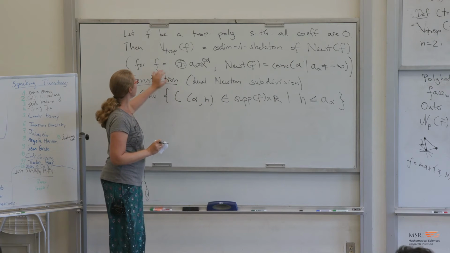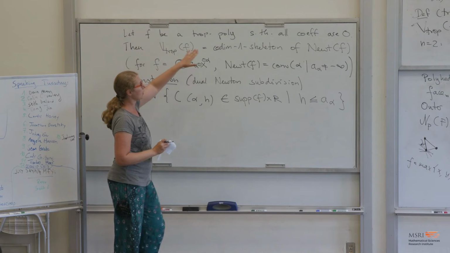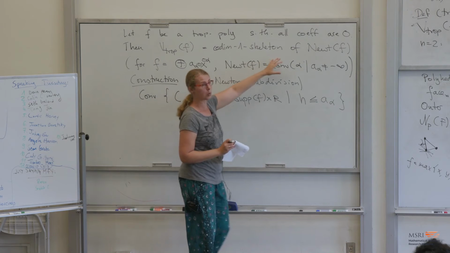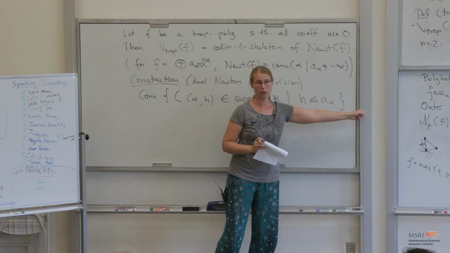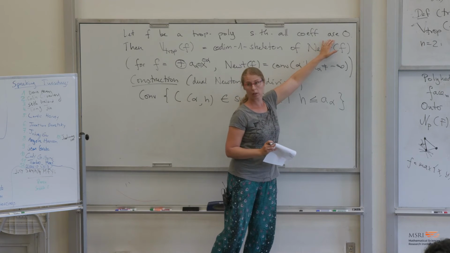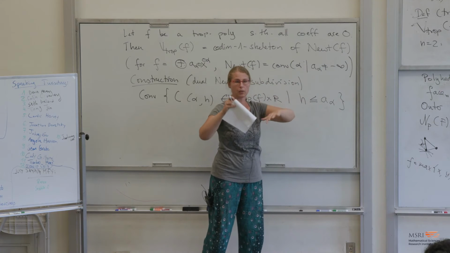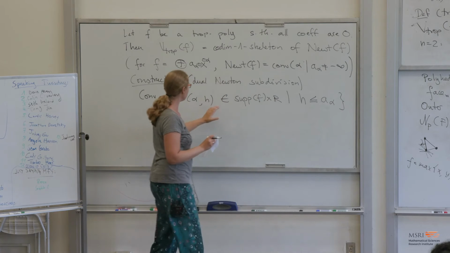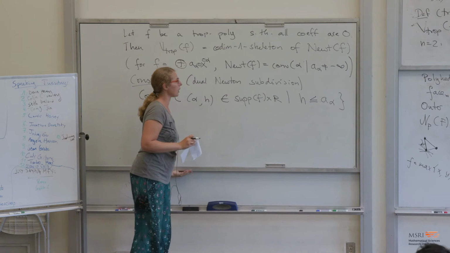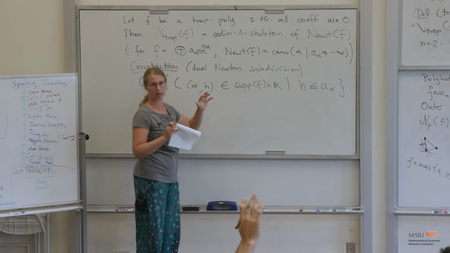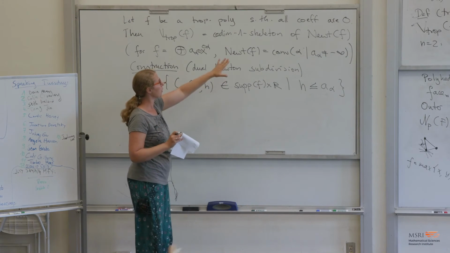Because you see in what we had here, all the coefficients were 0, right? So they didn't play much of a role. The Newton polytope was enough to understand the combinatorial structure of the tropical hypersurface. But if the coefficients are not all 0, they have to play some role. So if you're shifting around your linear functions to be affine linear, this has to play some role.